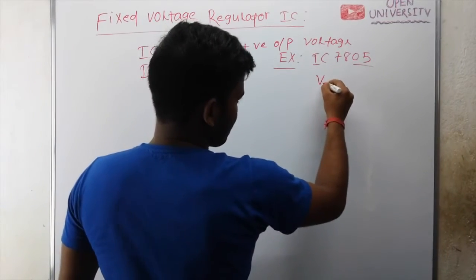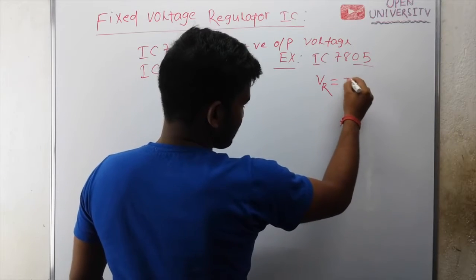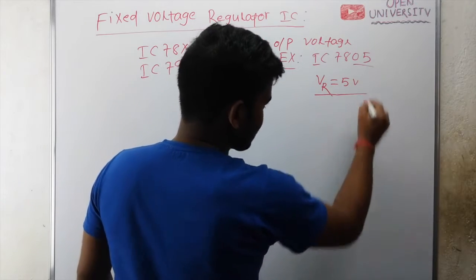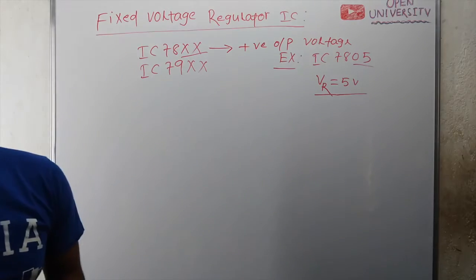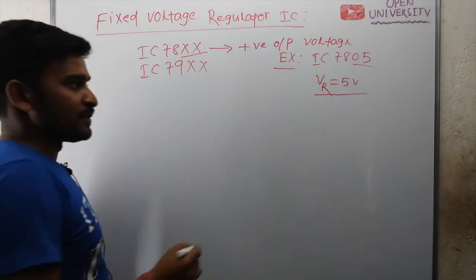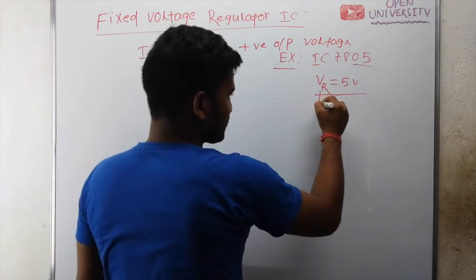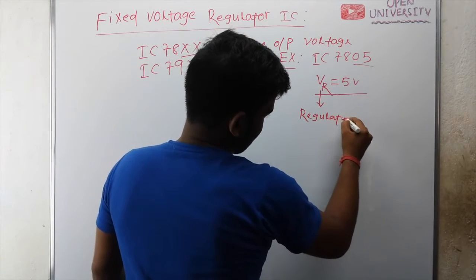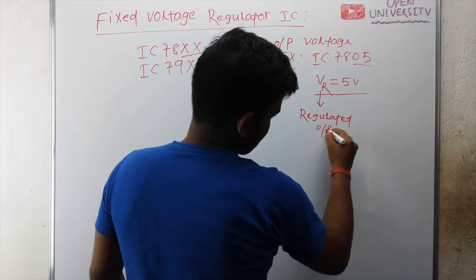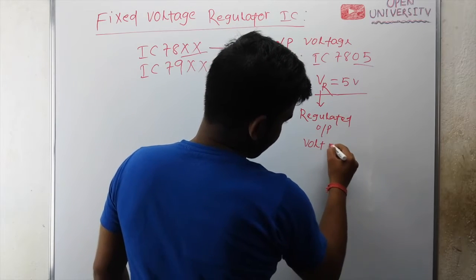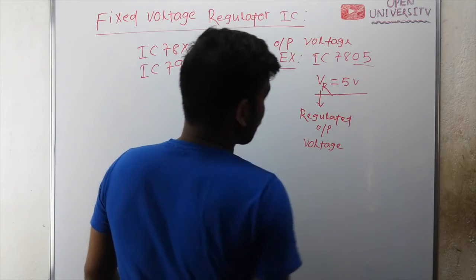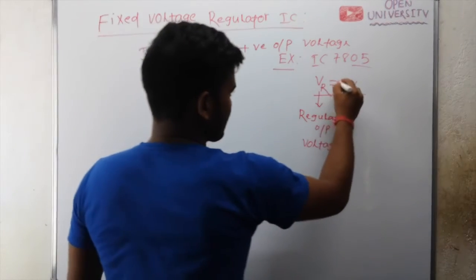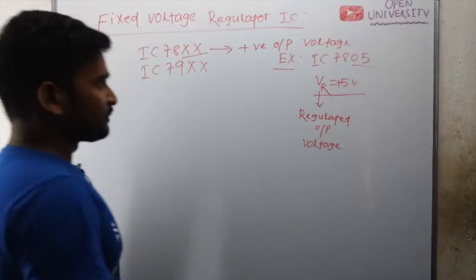So it will provide a regulated output voltage of 5 volt. The 78XX IC will provide a positive voltage, plus 5 volt. Okay, write down next point.